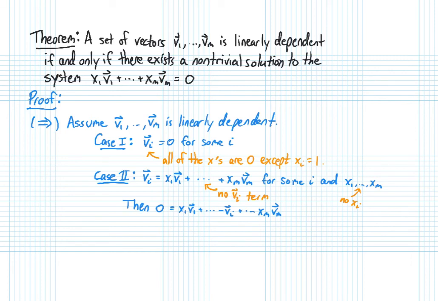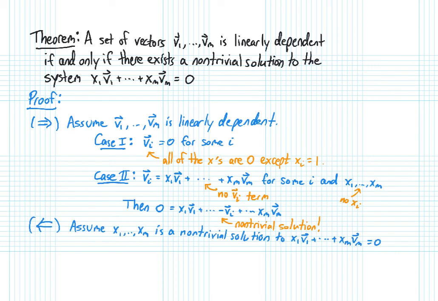And on the right-hand side, we have a linear combination that involves all of the vectors, v1 to vm. Here, the coefficient of vi is -1. And so this is a non-trivial solution to the system. And in fact, it's worth pointing out that the reason we know it's non-trivial is because the vi coefficient is -1. So that coefficient is definitely not equal to 0. So that concludes the first direction of the proof. We showed that if the vectors are linearly dependent, then you can definitely get a non-trivial solution to the system.